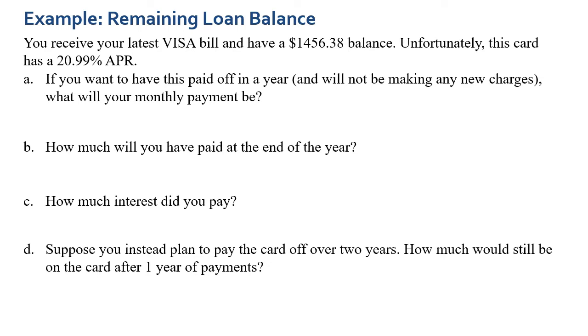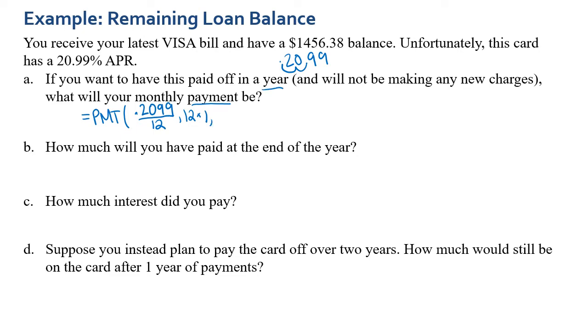Okay, so I'm solving for the monthly payment, so that means I'm using that PMT formula. So we'll set that up. 20.99% is 0.2099 as a decimal, divided by 12 because I'm making monthly payments. And then it's going to be 12 times 1 because I want to pay it off in 1 year.